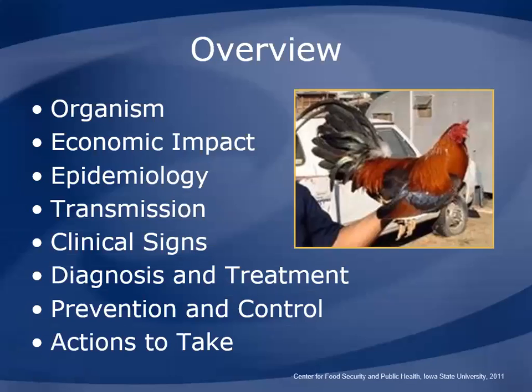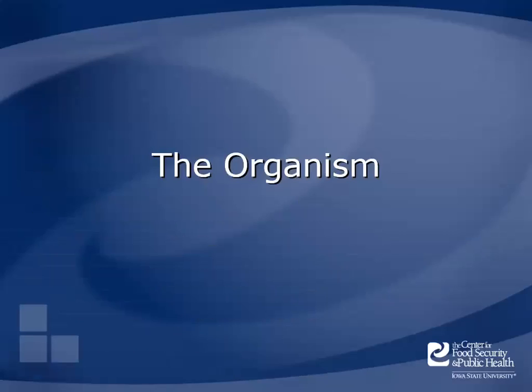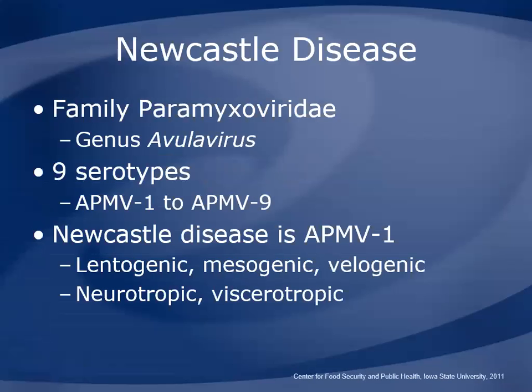So today we will be discussing the different aspects of this disease: the organism, economic impact, epidemiology, transmission, clinical signs, diagnosis and treatment, how we can prevent, and which actions we need to take. Starting from the organism, Newcastle disease is a viral infection.